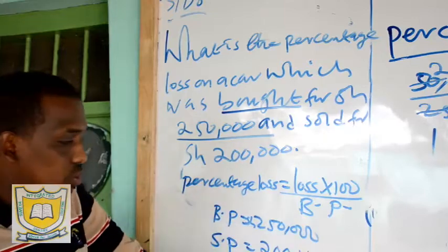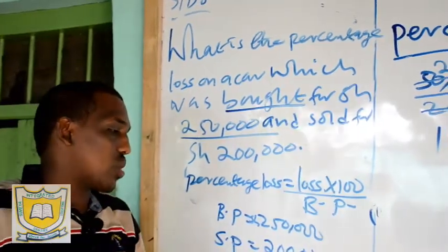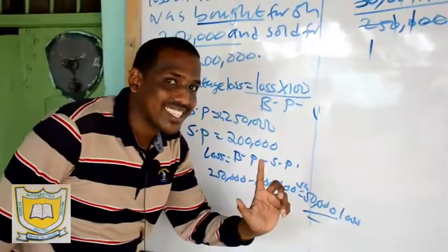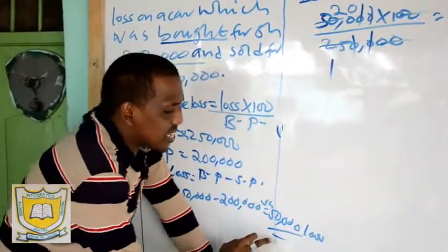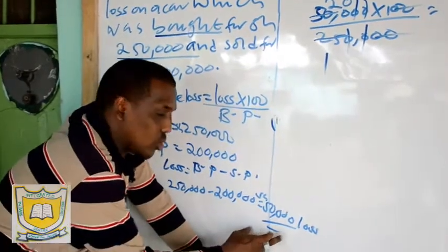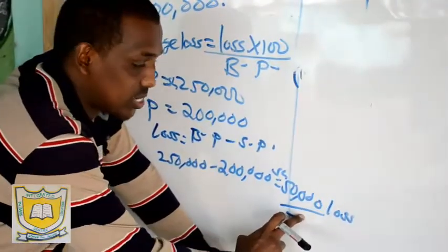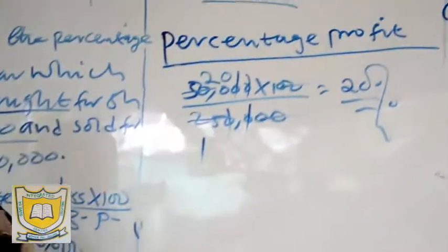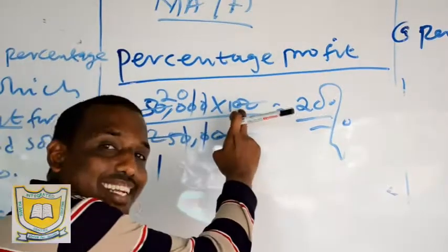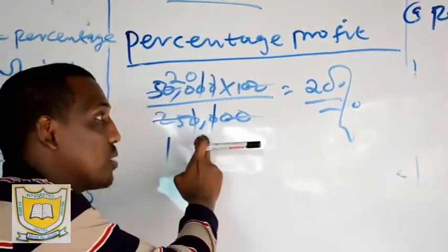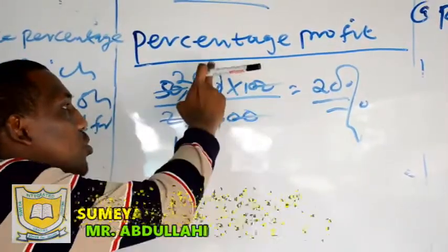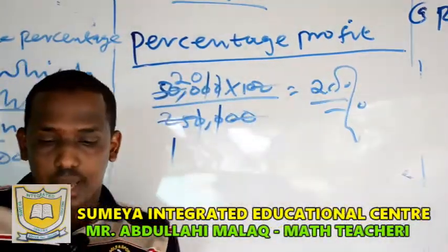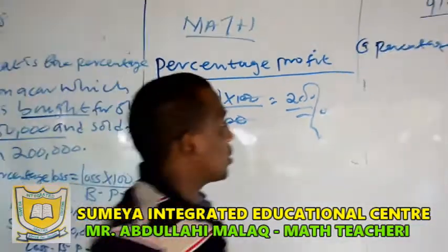You get 50,000, that is the loss. What they are asking is the percentage loss, so we take the loss, 50,000, multiplied by 100, all over 250,000. You cancel zeros, and it is 20%. That is how we solve.